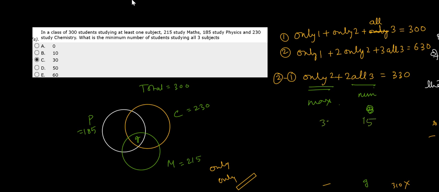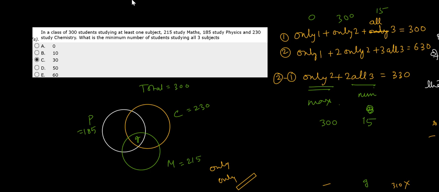So only 2 becomes 300. But that makes it more than 300, right? So even if I make only one zero, it becomes more than 300, correct?